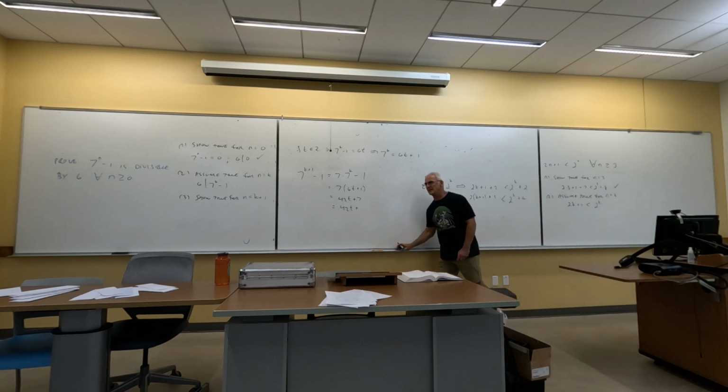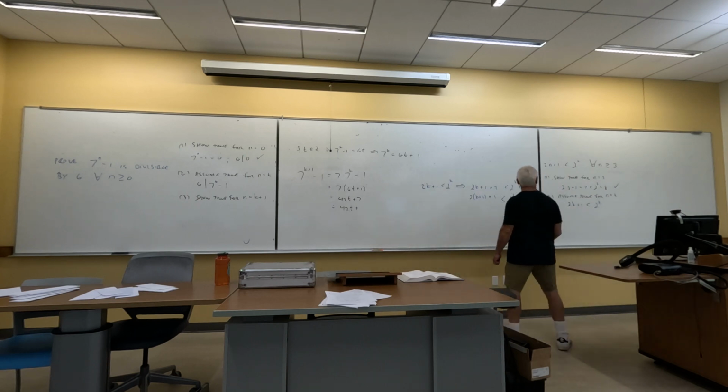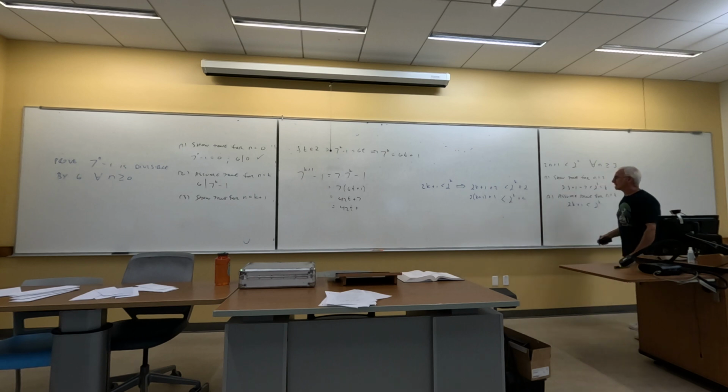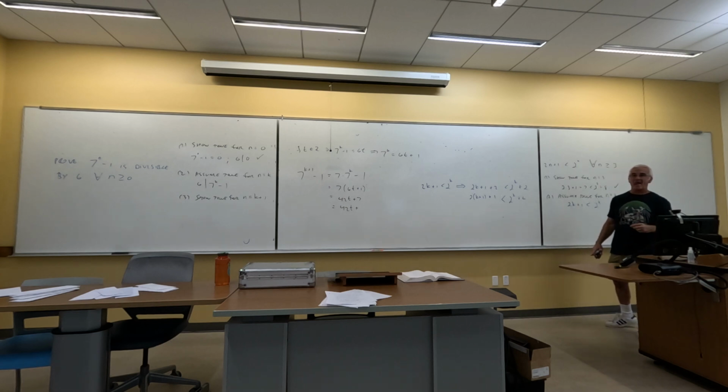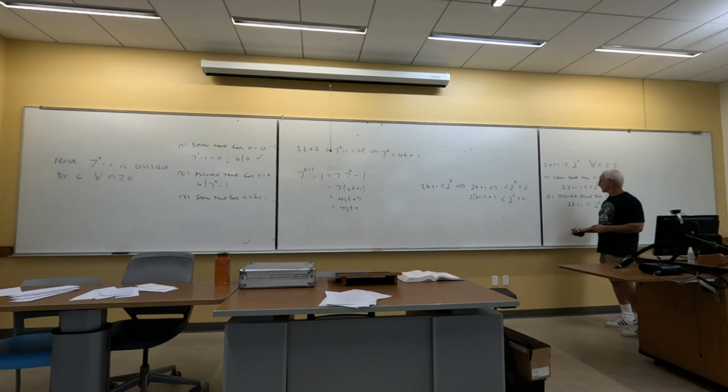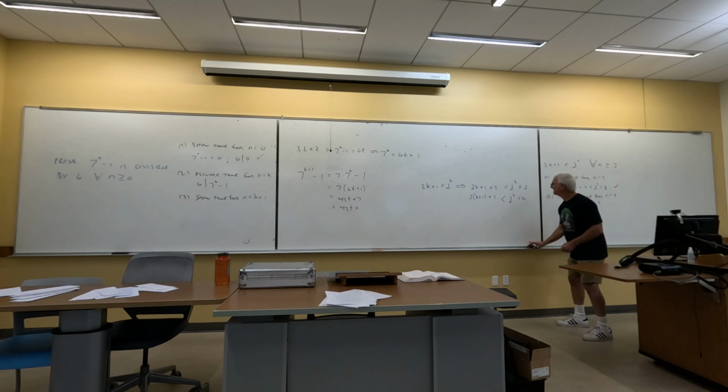Can I do anything with that? Do I want to factor a 2 out of that? How do I manipulate this? 2k minus 1, and then you can take 2 out. Yeah, I kind of worked myself into a corner here. I don't have a whole lot of room to write.